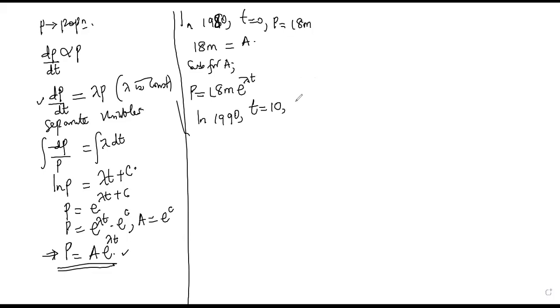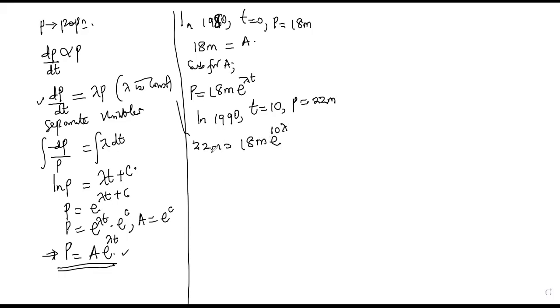So if t is 10, the population now will have risen to 22 million, according to what they told me. So if that is the case, substitute, it will be 22M is equal to 18M e power 10 lambda.